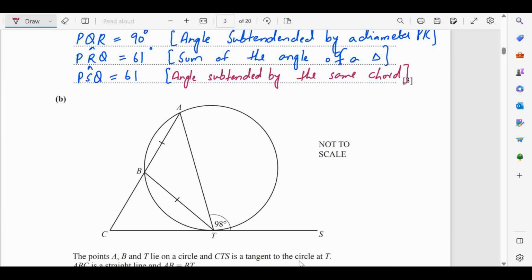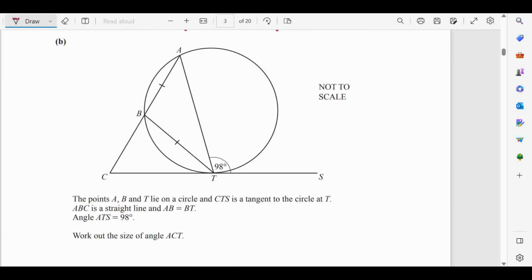Now let's move to part B. The points A, B, and T lie on a circle, and CTS is a tangent to the circle at T. So this is a tangent line. ABC is a straight line, and AB is equal to BT.